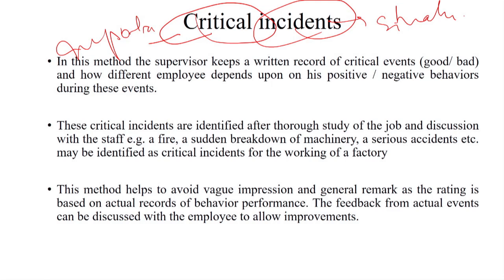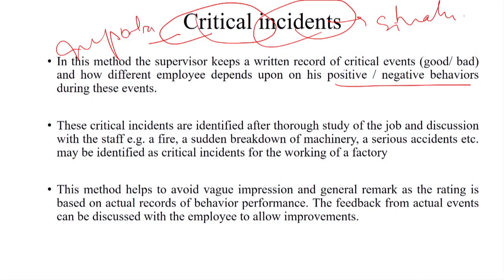So definitely, the critical incident method focuses more on the behaviors, and then the performance is actually judged. As you can see on the screen also, there can be at times some positive behaviors, there can be some negative behavior.